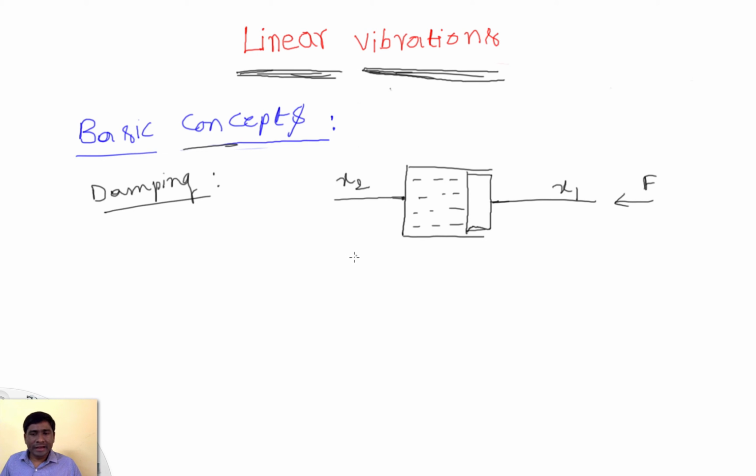This damping arrangement is a simple cylinder and piston arrangement. So here in the cylinder we have some liquid, and whenever we give some force or some movement to the piston part, this is not directly transmitted to the cylinder part; because of the viscosity some of the energy would be lost in between, and this reduced or modified displacement would be given to the cylinder, and the same amount of force is transmitted to the cylinder also.